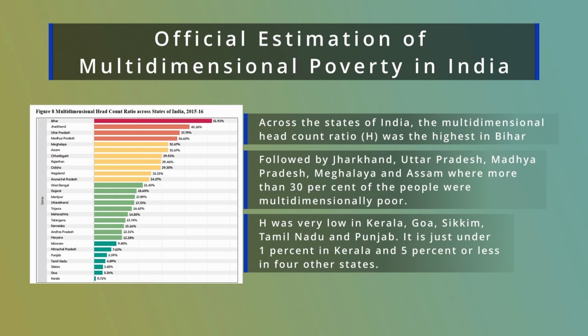The multidimensional poor people are also relatively high in Jharkhand, Uttar Pradesh and Madhya Pradesh. And the percentage share of multidimensional poor people is relatively less in Kerala, Goa, Sikkim and Tamil Nadu, where the share is less than 5%.